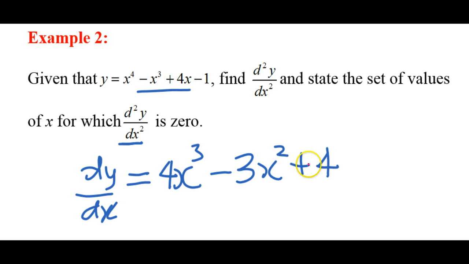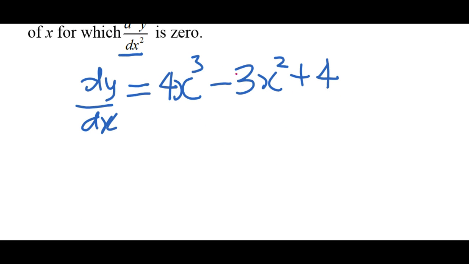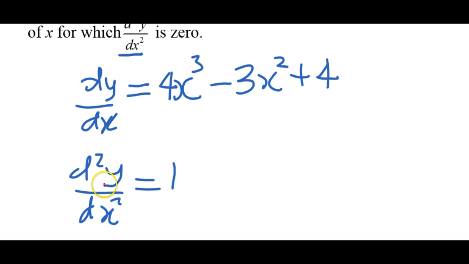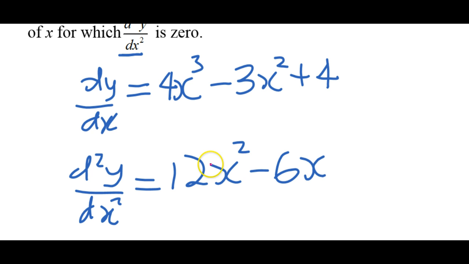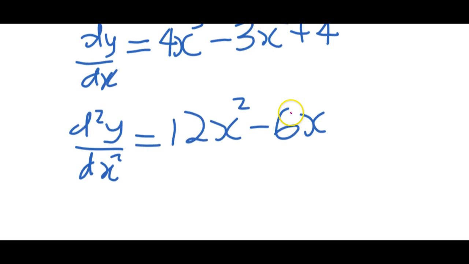And remember that minus 1, if you differentiate, you get 0, so that wouldn't come at all. Then we can take the second derivative, d squared y over dx squared, 12x squared minus 6x. Right. And find the values of x for which the function is 0.